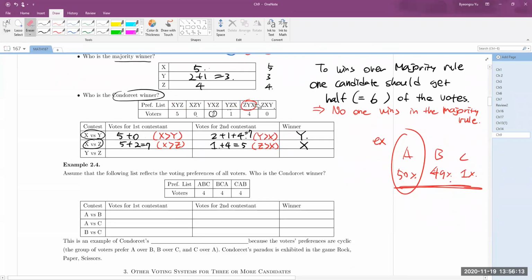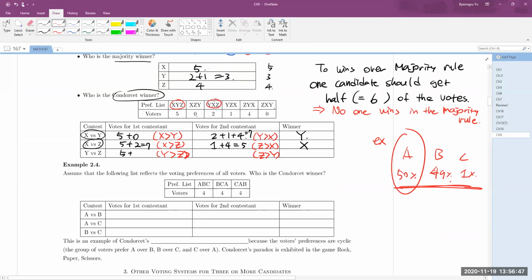And lastly, do the same thing on Y to G. So here, the first cell is for someone who thinks that Y is greater than G, and the second cell is for G is better than Y. For the preference list X, Y, G, definitely voters in X, Y, G think that Y is better than G. So you need to add 5 on the first cell.